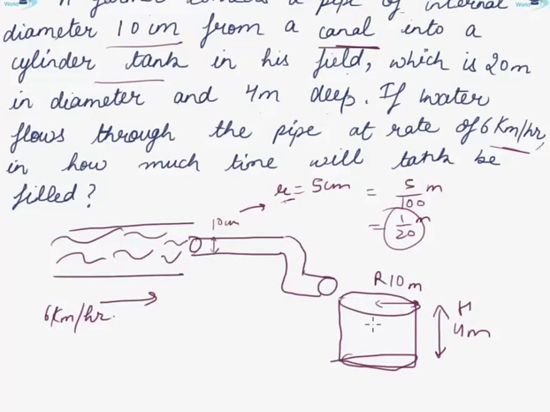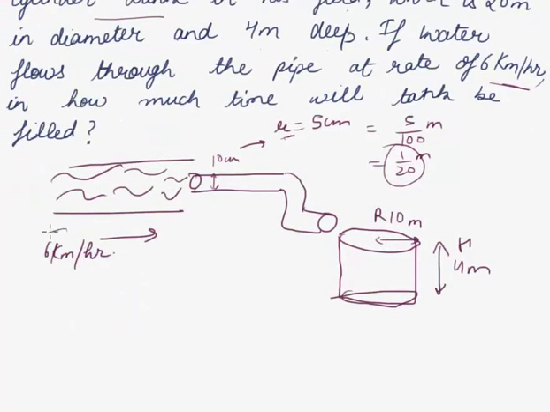That is, we need the amount of water equal to the volume of this cylindrical tank, because this tank is to be fully filled. Now this is the flow of the water. So in meters per minute it will be 6000 over 60 meters per minute.